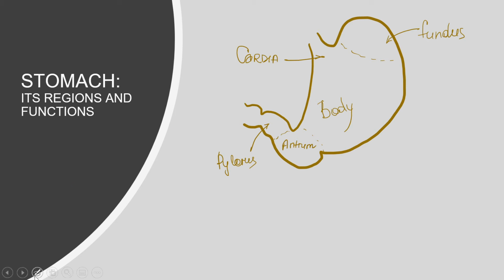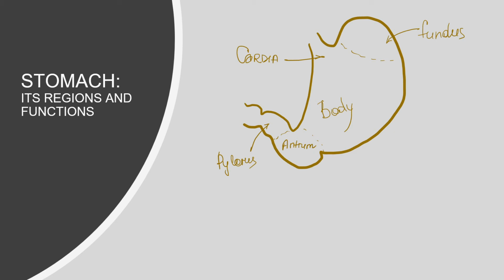Now let's talk a bit about the stomach. We can think of the stomach as some sort of a muscular tube, right? It receives food from the esophagus. It stores food for 1 to 3 hours.